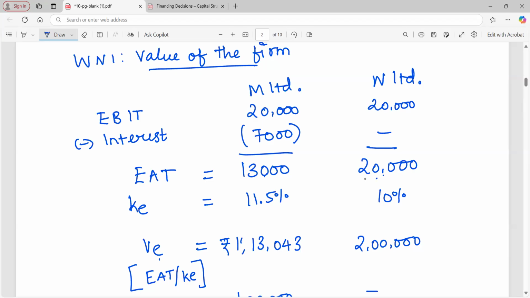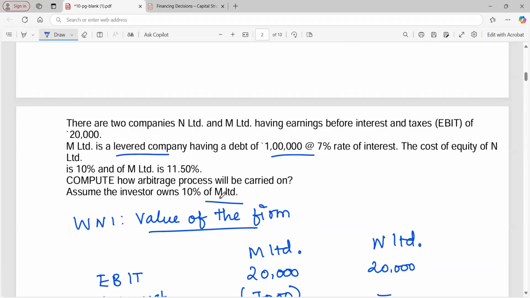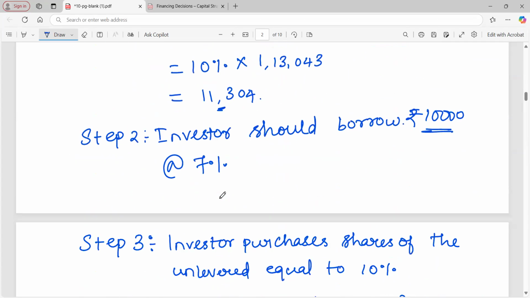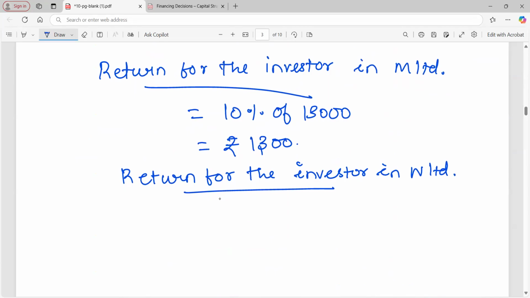It is 20,000. Now, this 20,000 is the total amount of profit attributable to all the equity shareholders. This investor holds 10 percentage of N Limited now. So what is the return earned by this investor? Which is equal to 10 percentage of 20,000. So the return earned by the investor is 2,000 rupees.